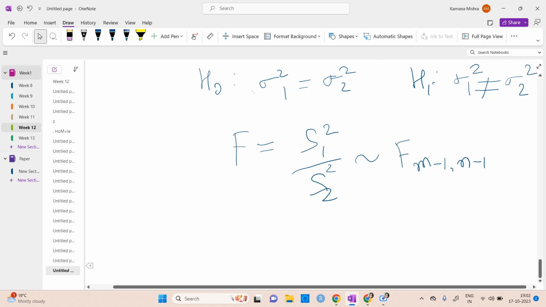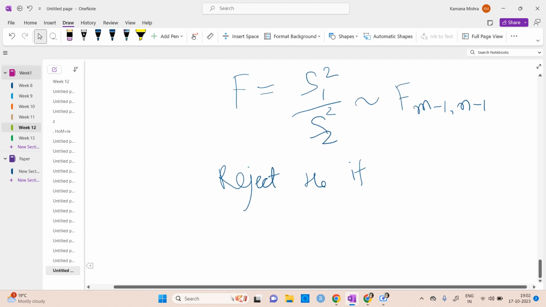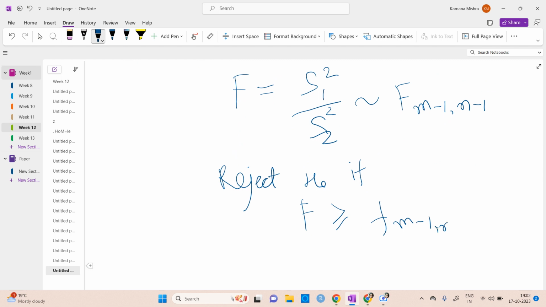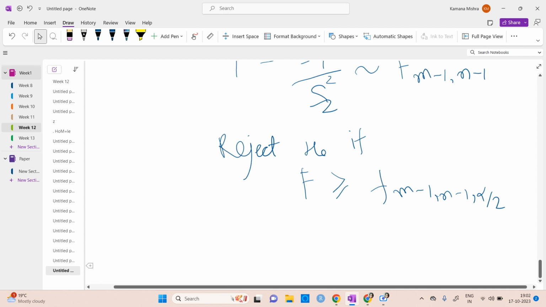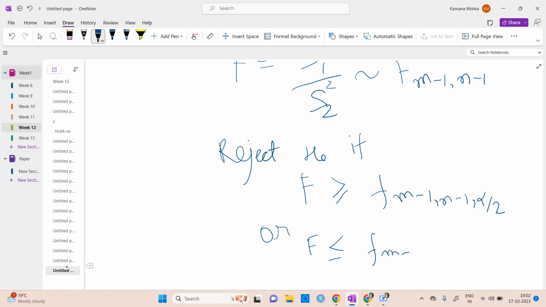So we reject this H naught if F is greater than or equal to F(m minus 1, n minus 1; alpha by 2), or if F is less than F(m minus 1, n minus 1; 1 minus alpha by 2).